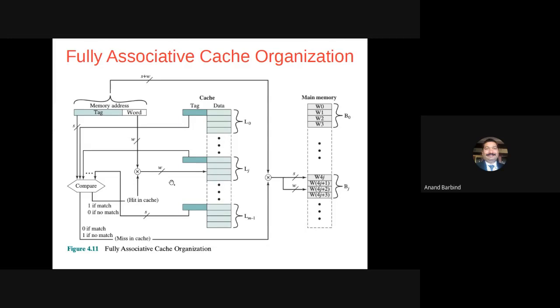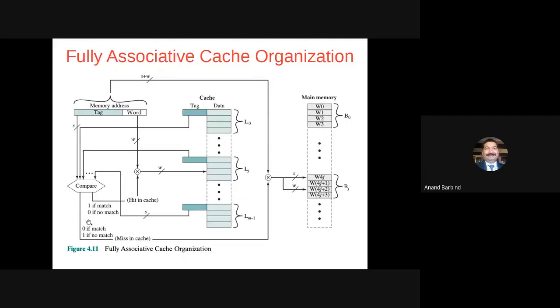But if it happens that the result of all comparators is negative, then it means that the block is not present in the cache, and the block is there in the memory.